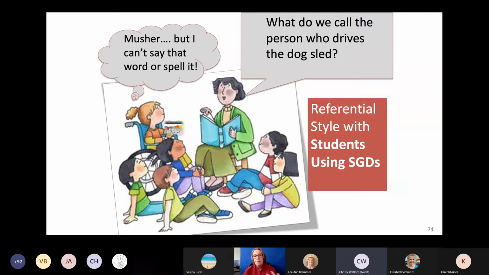They're stuck without being able to give an answer, and they become passive listeners in a class and not active participants. Now, can a teacher still ask referential questions? Yeah, of the speaking kids, because they can easily regurgitate back that information. But the kid using the AAC system is going to need a different strategy.